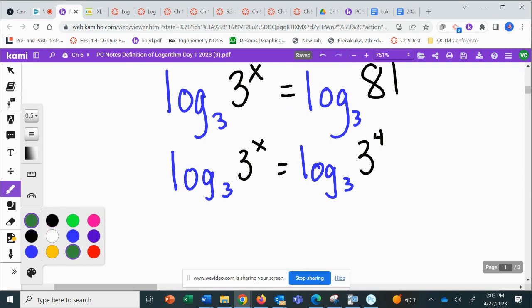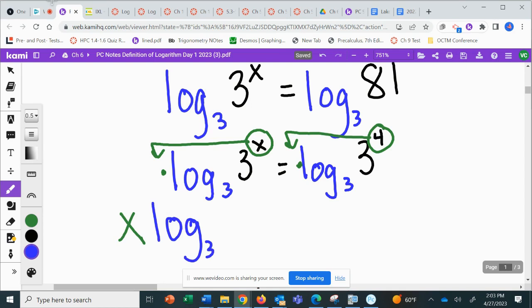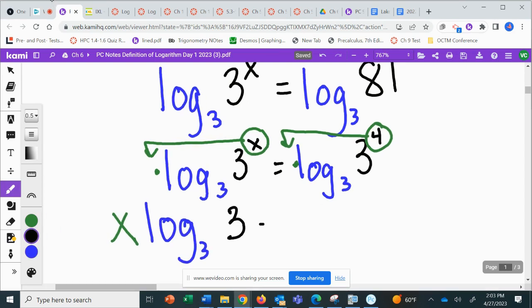So now my power property says if I've got an exponent in this spot, I can move it in front and multiply. And I happen to have that on both sides. So I have x log base 3 of 3 equals 4 log base 3 of 3.